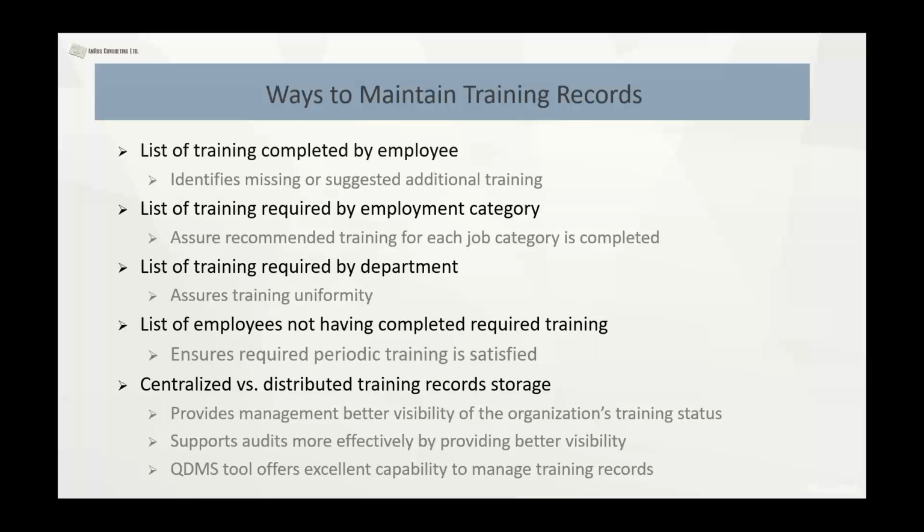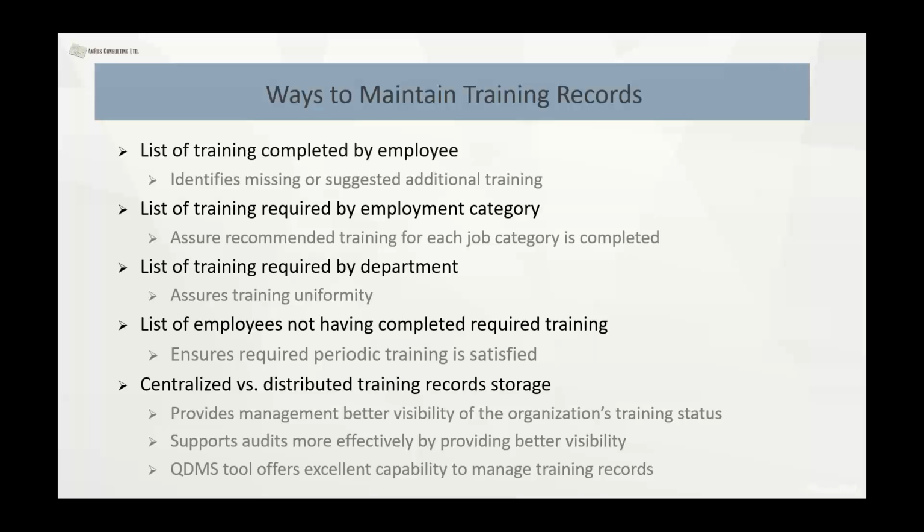I think also the important thing is the list of employees that have not completed the required training. As I mentioned before, let's say this yearly refresher on sexual harassment. Well, you want to make sure that on the anniversary of the refresher training, the employee does go through that training.